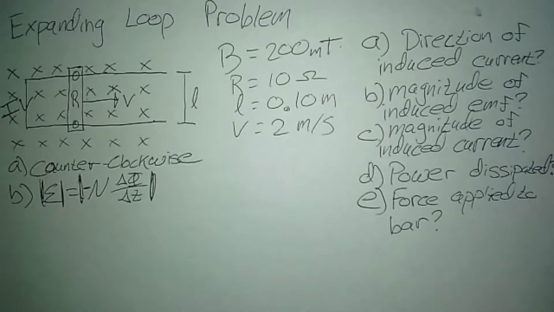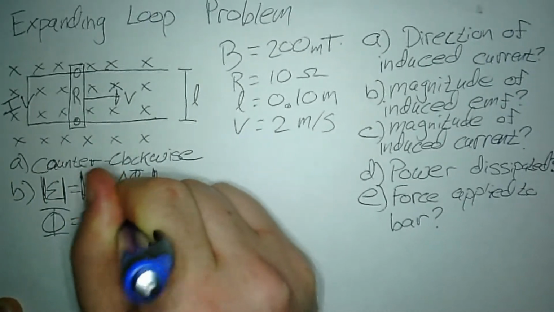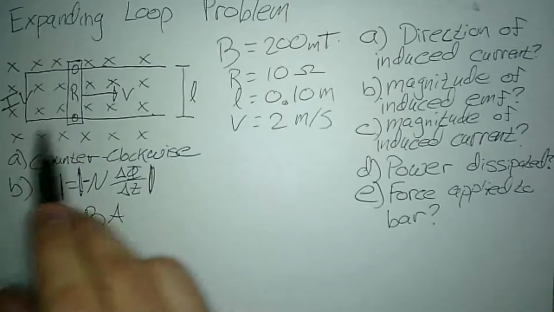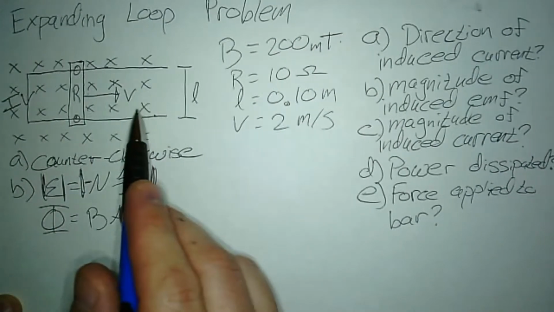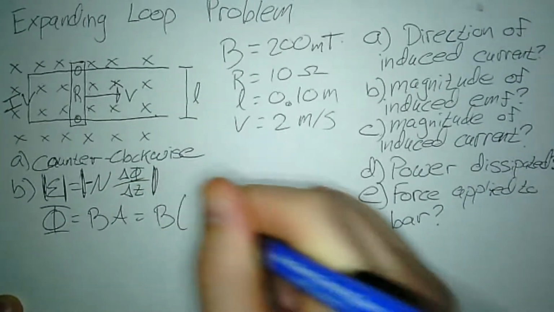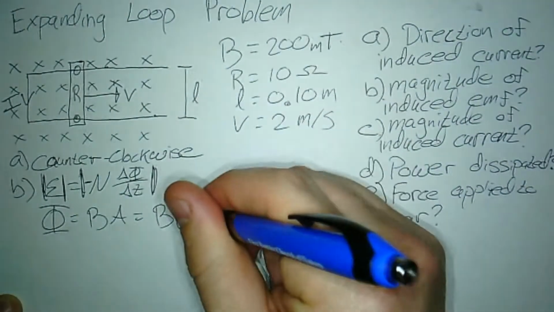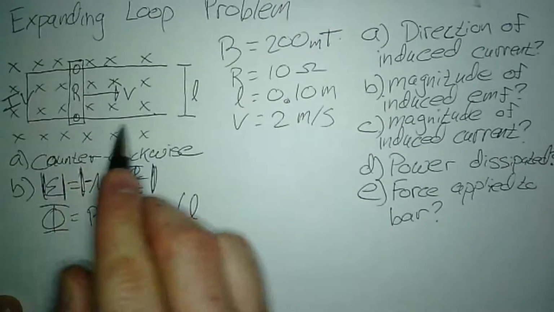So how do we find the flux? Well, we said flux is going to be the magnetic field times the area. The area of this loop is changing as this guy goes to the right. So the area is going to be this length going this way, times the width of this loop.